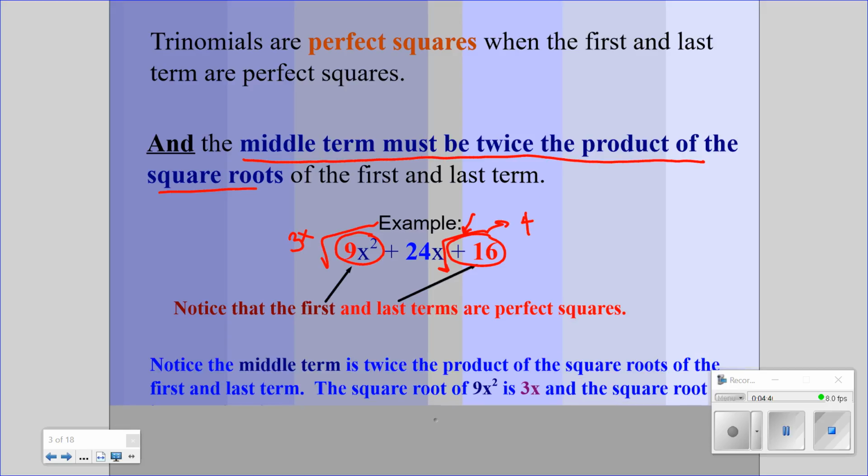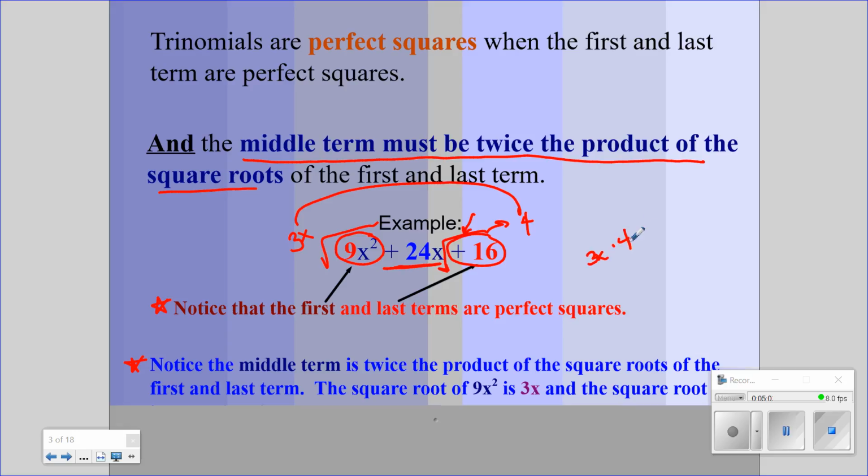Once I've done this, to verify if this is in fact a perfect square trinomial, we do need to meet one other rule. So we've met the first rule that the ends are perfect squares. The second, though, is to make sure that the middle term is twice the product of the square roots of the ends. So I take 3x and 4 and I multiply them together.